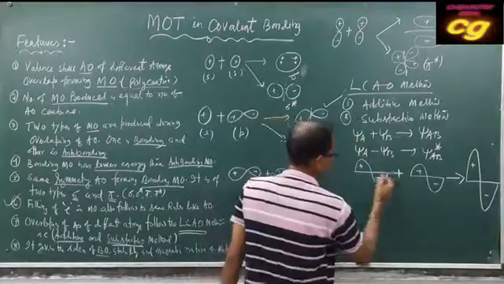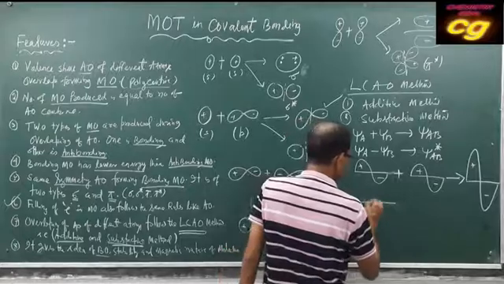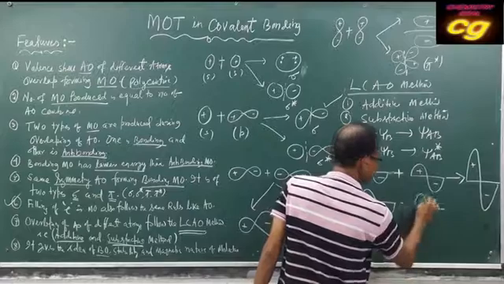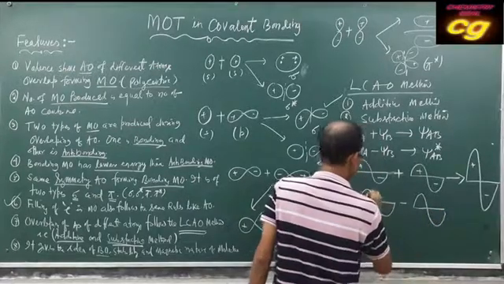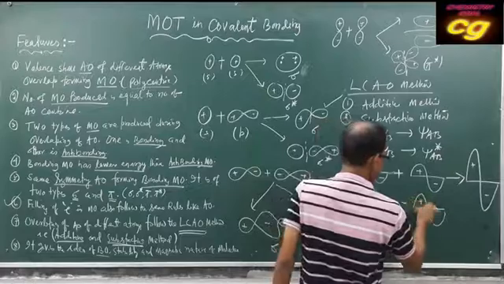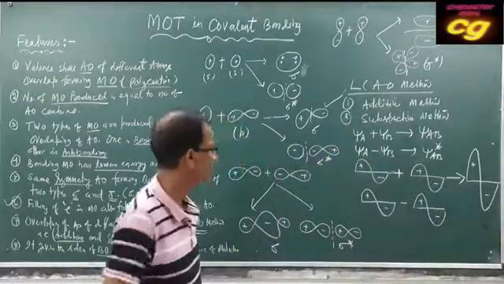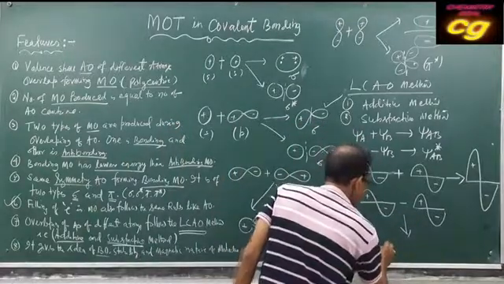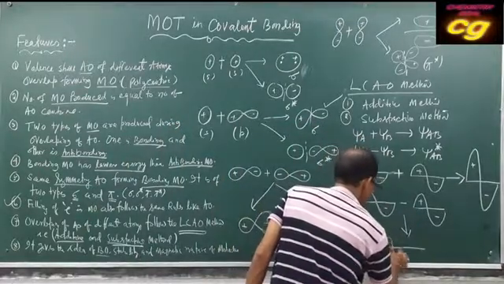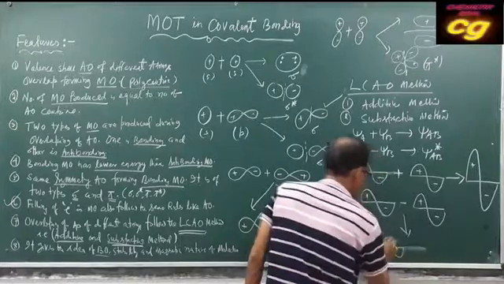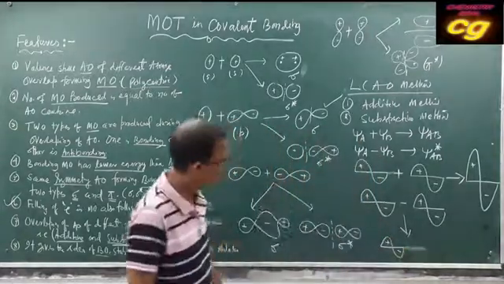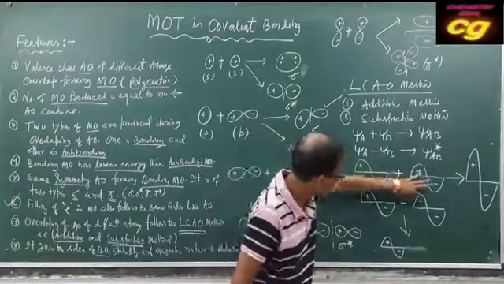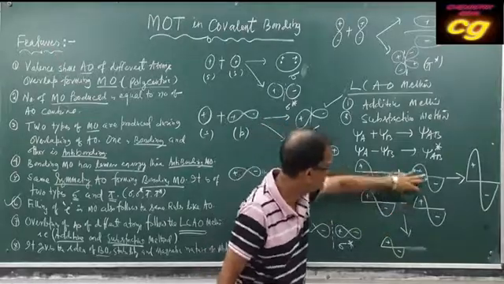But in the subtractive method, the result will be reduced. Plus and minus means that during subtraction, the overlap region will be less.